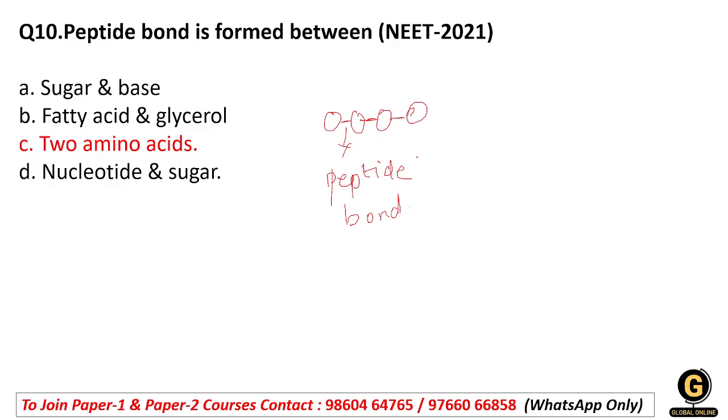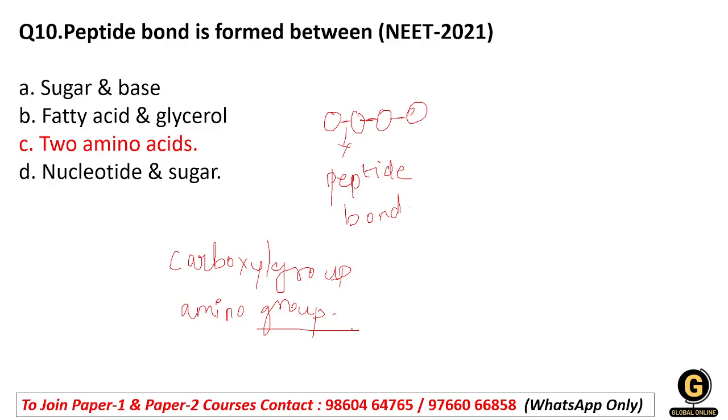So a peptide bond is also a covalent bond between what? In simple language it is between 2 amino acids, but in depth it is between the carboxyl group of 1 amino acid and the amino group of the other. Yes, so this question was asked in the year 2021.